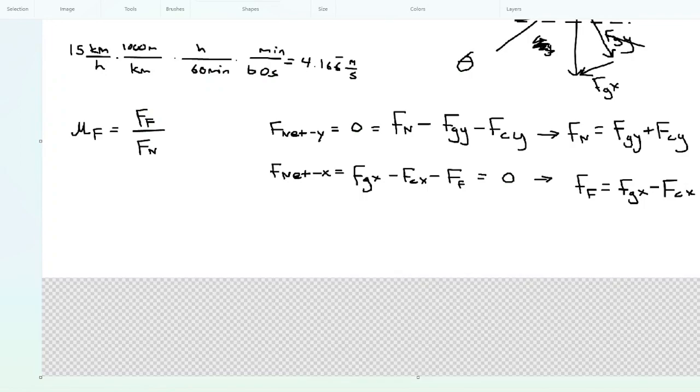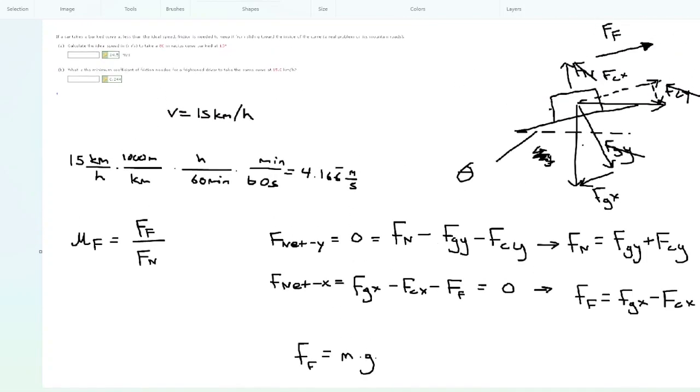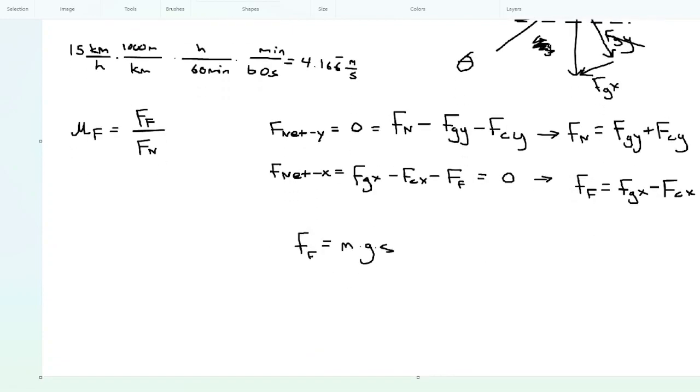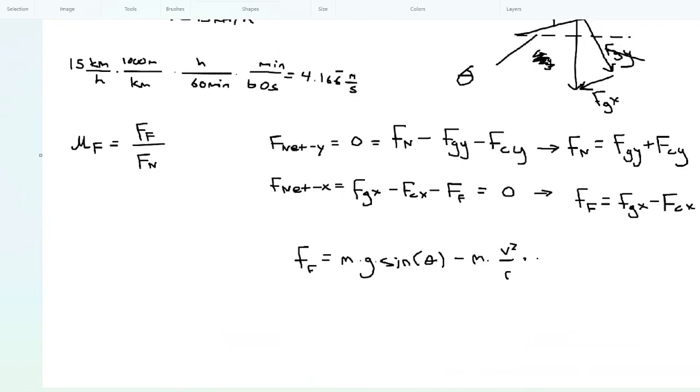Okay, cool. Force of friction is going to be equal to force of gravity in the x direction, so mass times gravity times the x direction, which is going to be sine of theta, minus force centripetal, which is mass times centripetal acceleration, which is velocity squared over r, times cosine of theta.